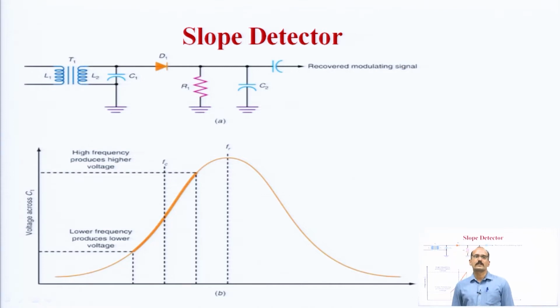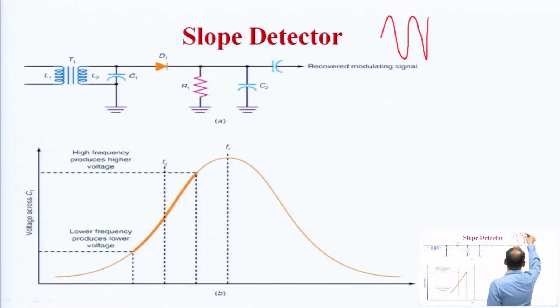You can use these slope detector circuits as you are getting a frequency modulated signal whose frequency is continuously varying.